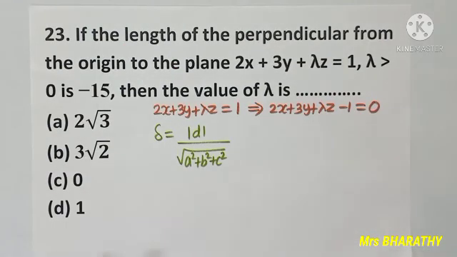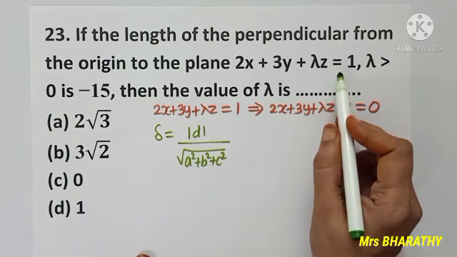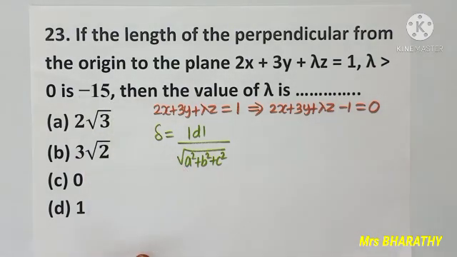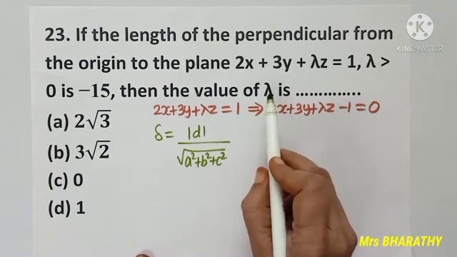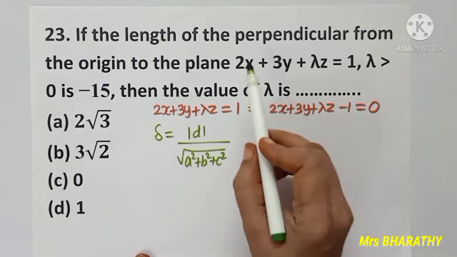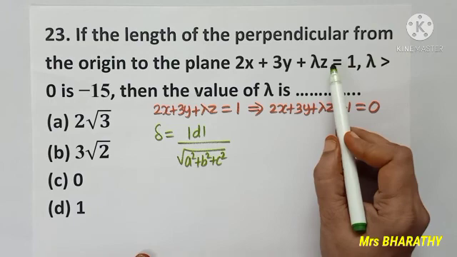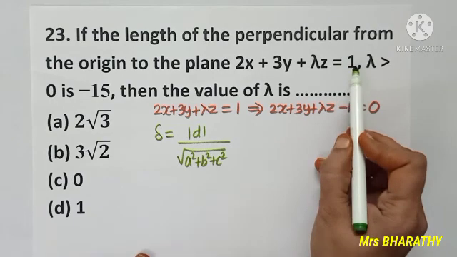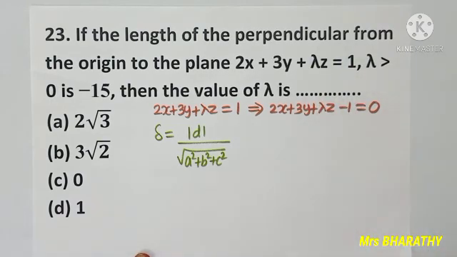Question number 23. If the length of the perpendicular from the origin to the plane is 1 by 5, then we need to find the value of lambda. From the equation where I have equal to 1, bring 1 to the left and rewrite the problem.